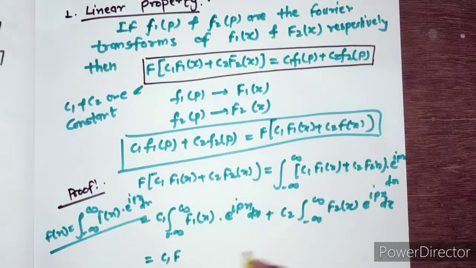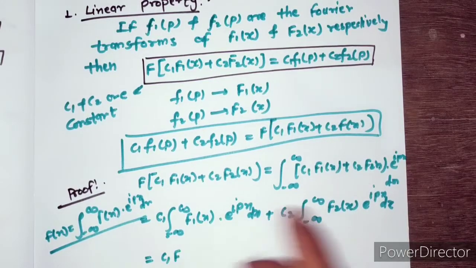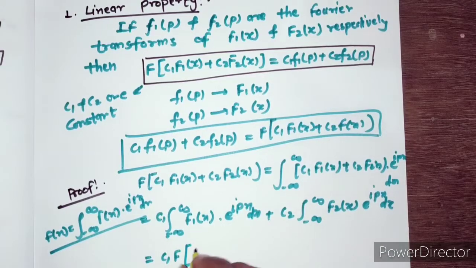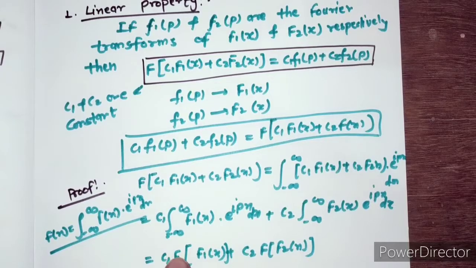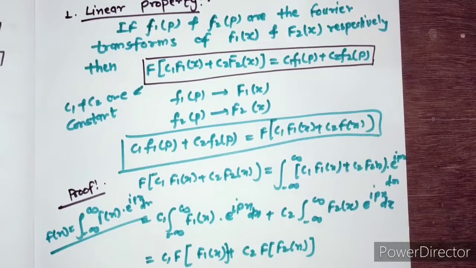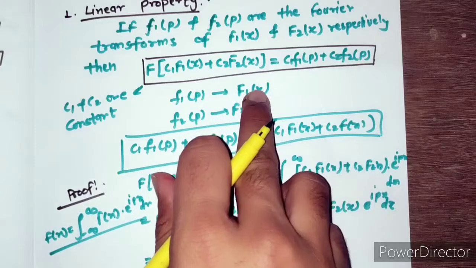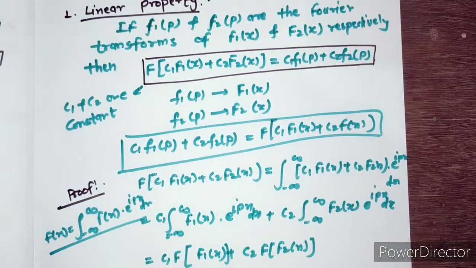So it is written as c1 F1(p) plus c2 F2(p), where F1(p) is the transform of f1(x).